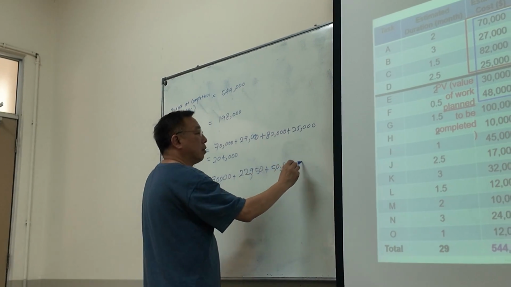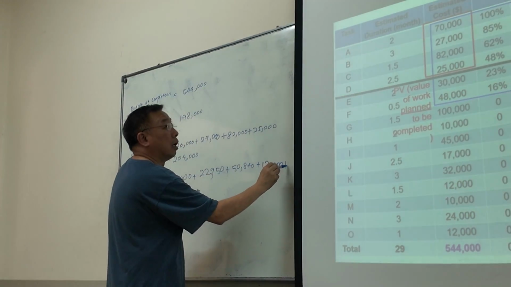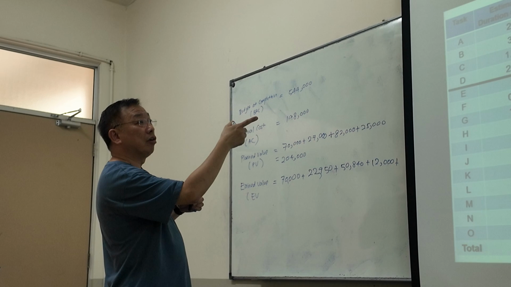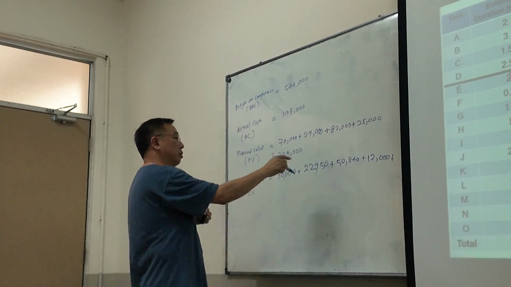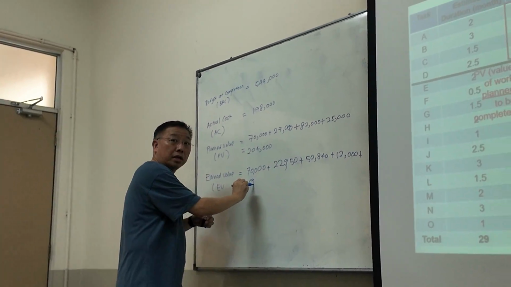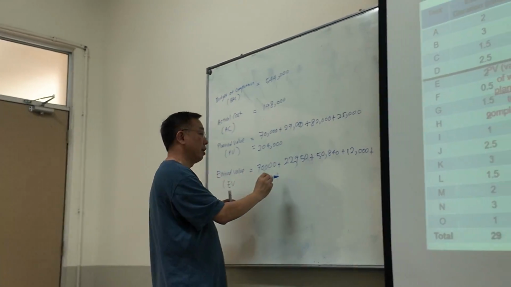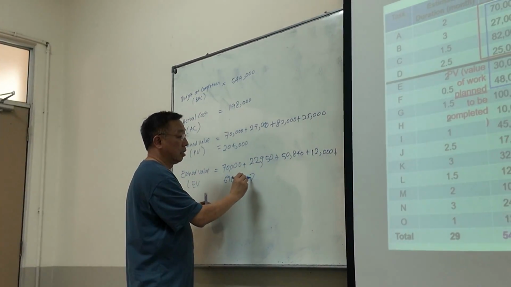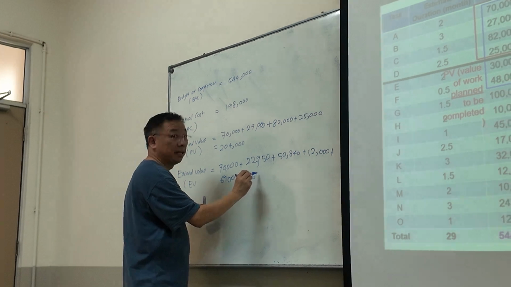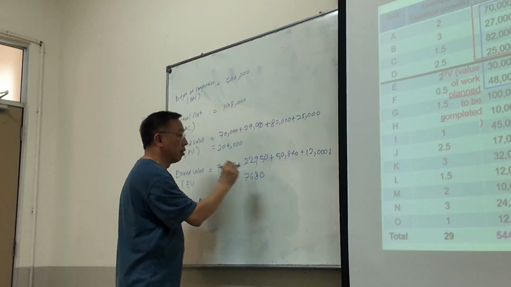Okay, the next one, 48% of 25,000. 12,000. Then 23% of 30,000. 6,900. Okay. And the last one is what, 16% of 48,000? 7,680. Okay.